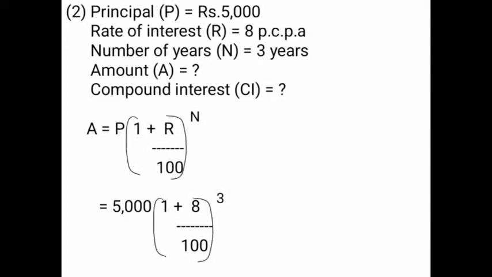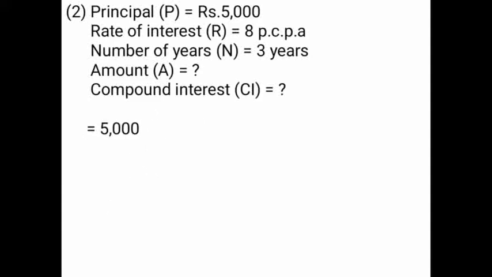Next step, you have to do the cancellation of numerator 8 and denominator 100 in the bracket. Numerator 8 and denominator 100 are divided by 4. 4 twos are 8, 4 twenty-fives are 100. That is equal to 5000 in bracket 1 plus 2 upon 25 raised to 3.